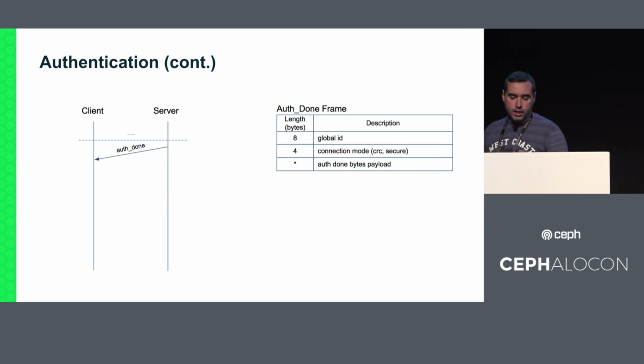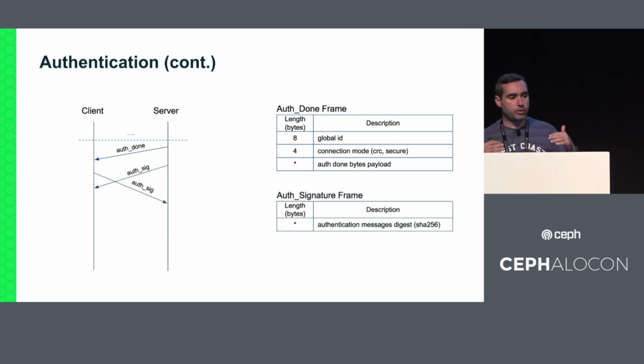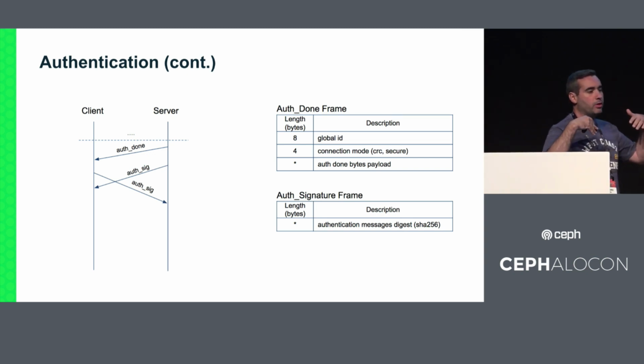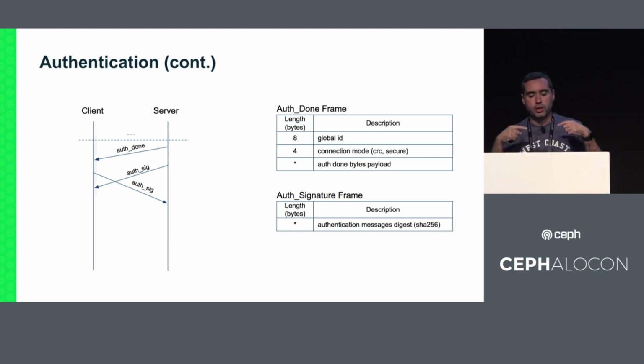When the server is done, there are two more messages that are sent to each other. Both the client and the server, while exchanging these authentication messages, were calculating digests of all traffic.